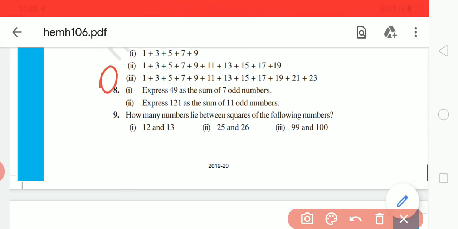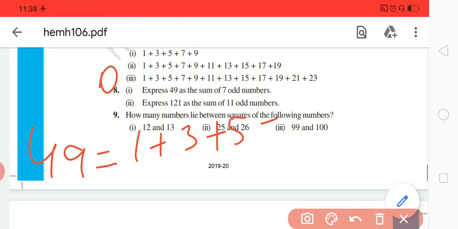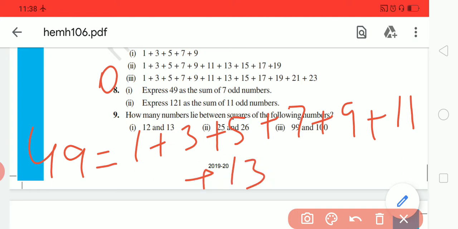Express 49 as the sum of 7 odd numbers. Very easy. 7 odd numbers you just try to add. 1 2 3 4 5 6 and 7, right?